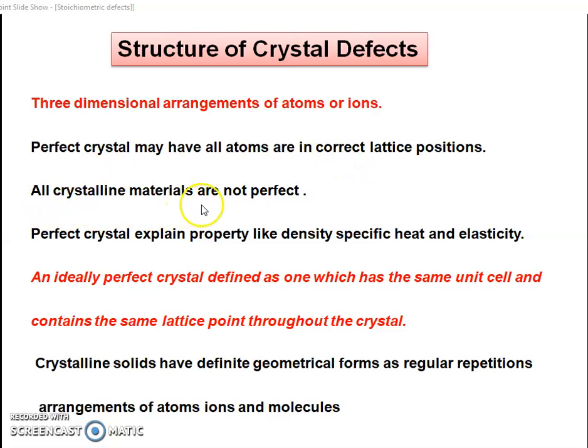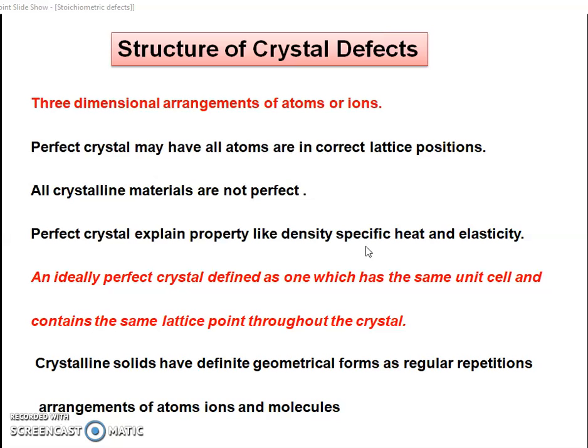All crystalline materials are not perfect, because actual crystalline structures cannot meet these specifications. The perfect crystal is a very useful concept to explain various physical properties like density, specific heat, vaporization, and elasticity. Such physical properties can be explained by perfect crystals.